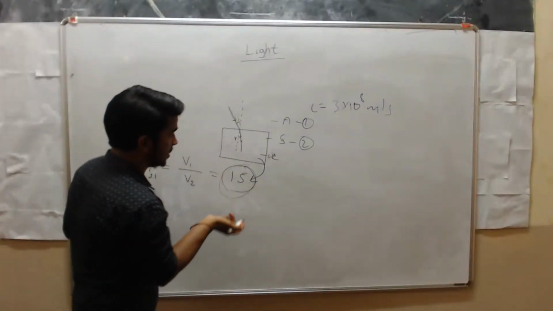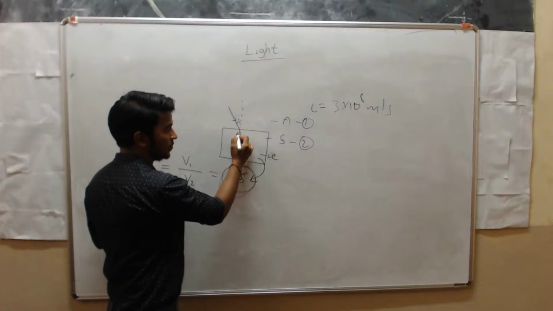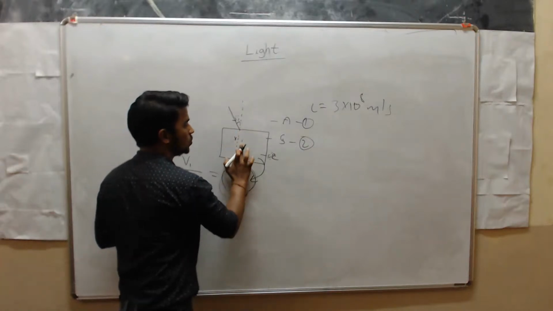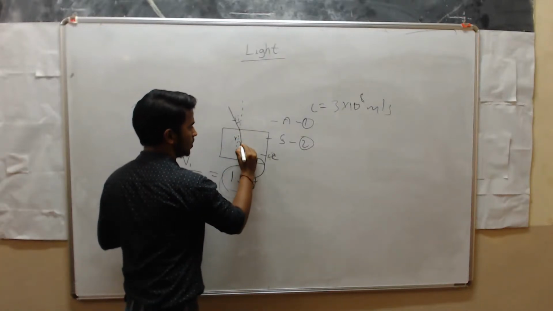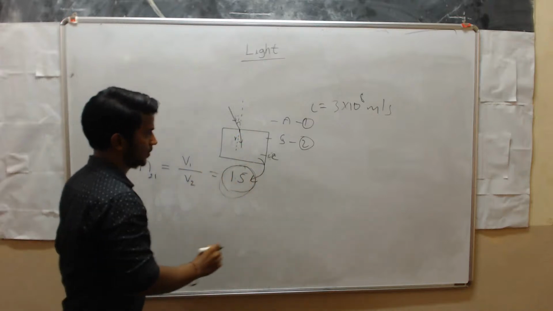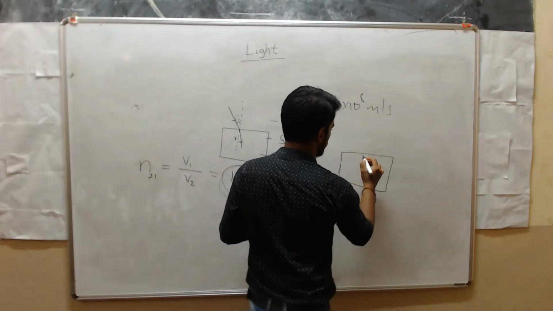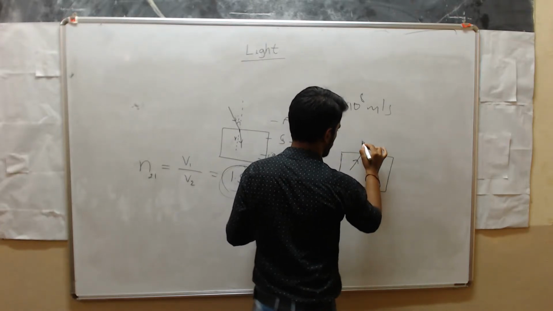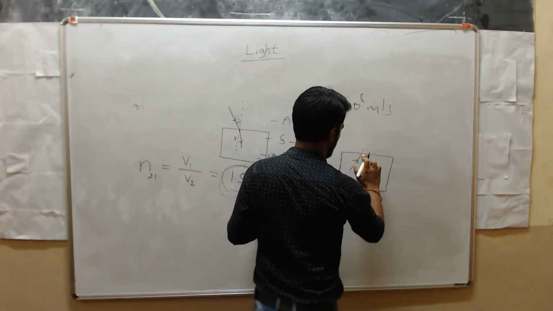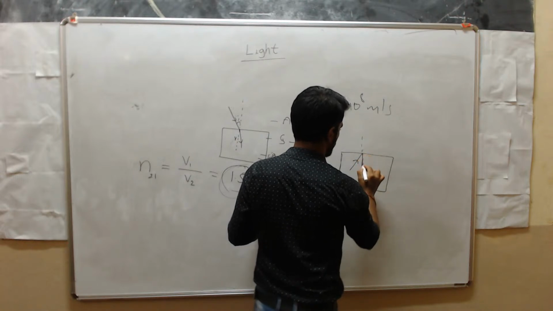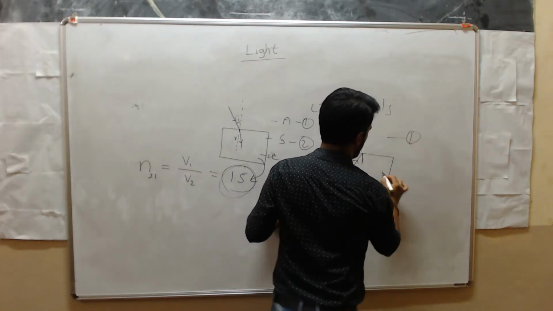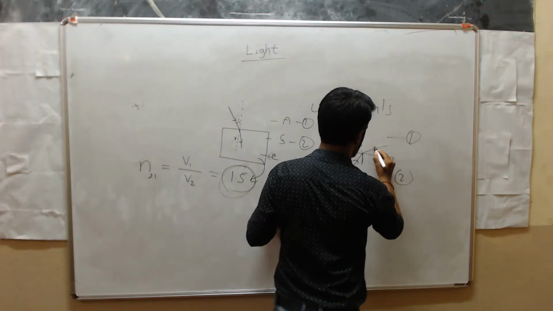Okay, just imagine now I will pass a ray of light from medium 1 to 2. Okay, so I will write on here. So this is medium 1, this is medium 2.